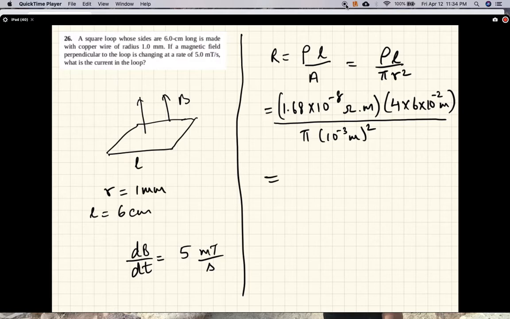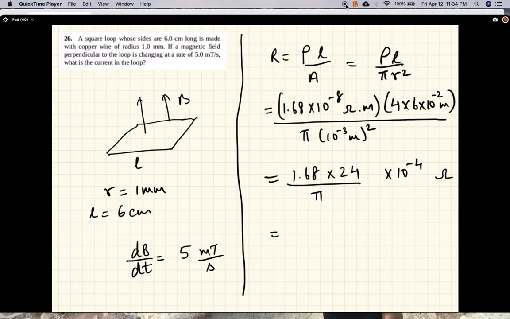Okay, so let's figure this out. Again, let's take care of powers of 10. This is 10 to the minus 8, 10 to the minus 2, and there's 10 to the minus 6 here. So you are left with 10 to the minus 4 at the top. The other factors are 1.68, and of course it will work out in ohms, times 24 divided by pi.